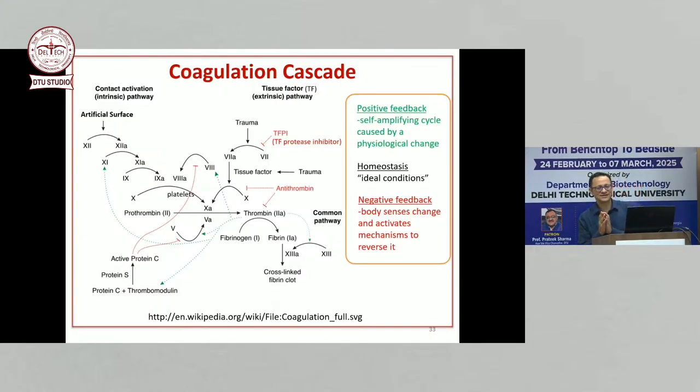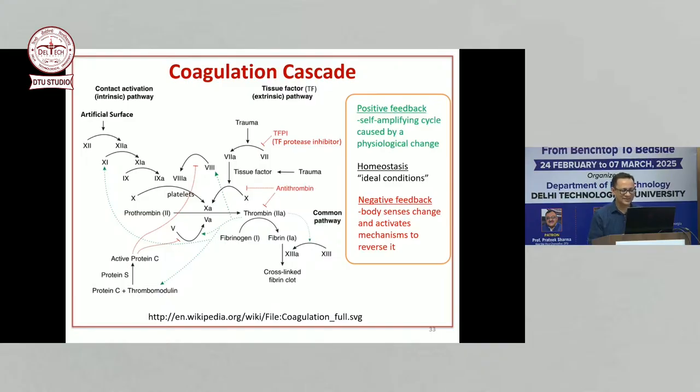Activated factor 10 converts prothrombin, which was factor 2, to thrombin, and the role of thrombin is to convert fibrinogen to fibrin. And once fibrin is formed, it gets converted to a cross-linked fibrin clot with the help of activated factor 13.